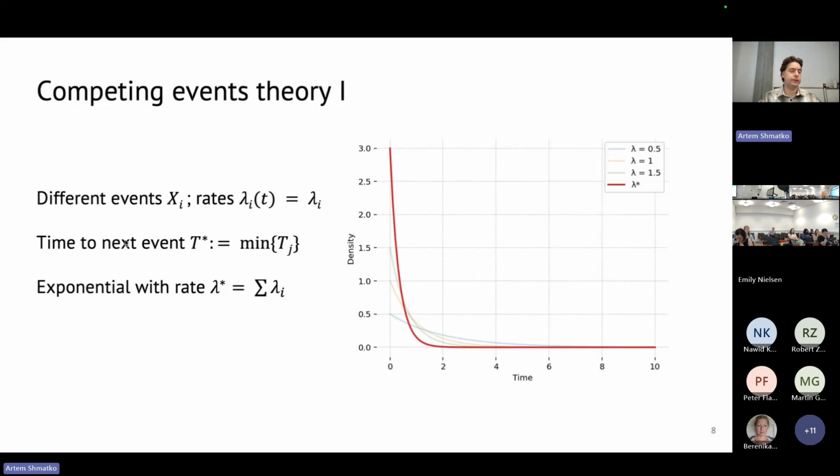To predict what should be the next event, we need to account for all of these potential possibilities and decide which comes first. So essentially, we need to sample from every one of these exponential distributions, and whichever disease gets the smallest waiting time would be the first disease to occur.